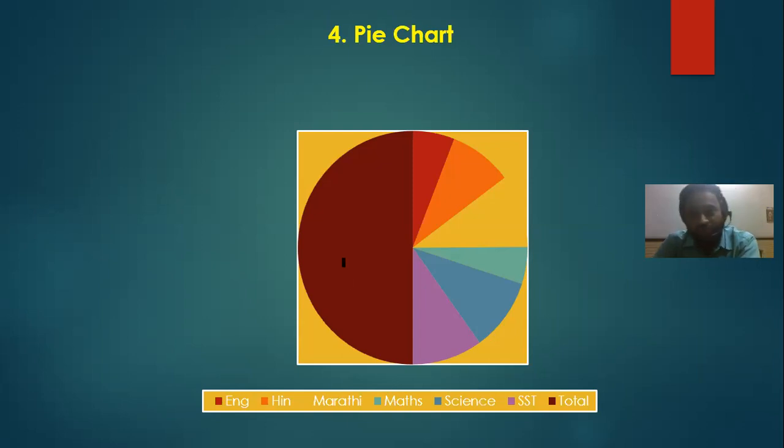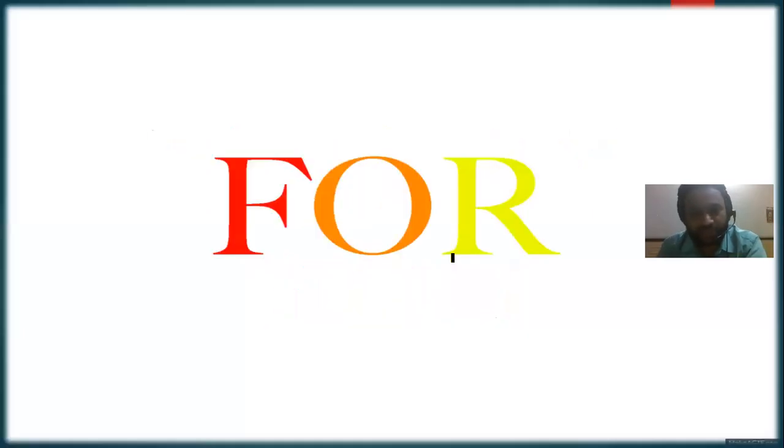And we are going to learn more concepts in the next class: creating charts, change chart type, change chart style, and move chart. These all concepts we are going to learn in the next class. Hope you have understood all these concepts. Thank you.